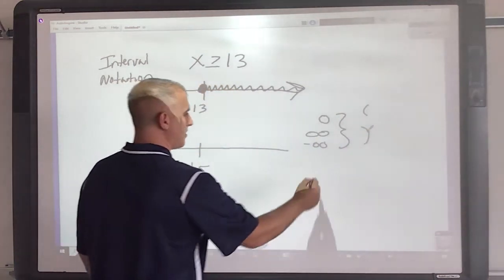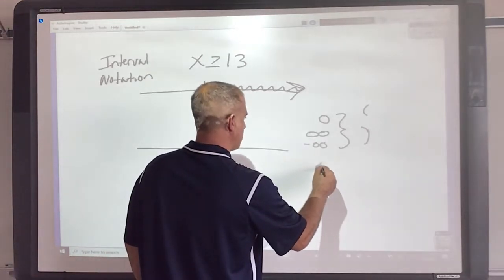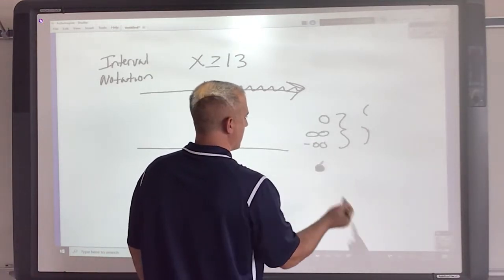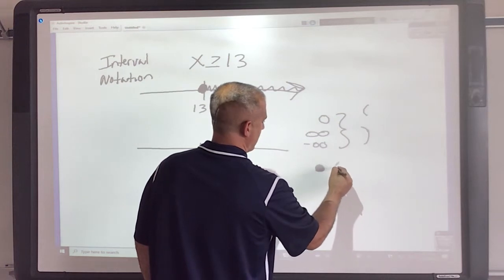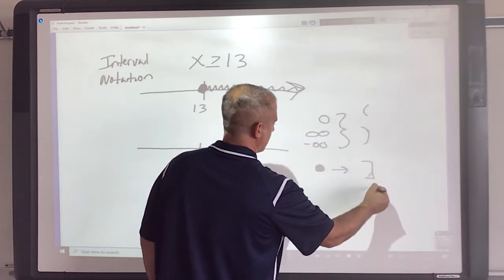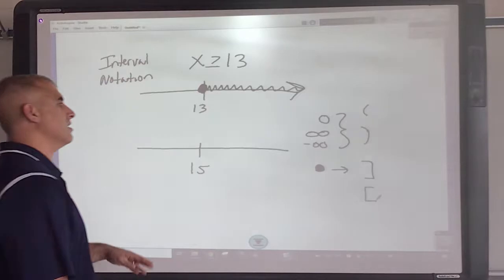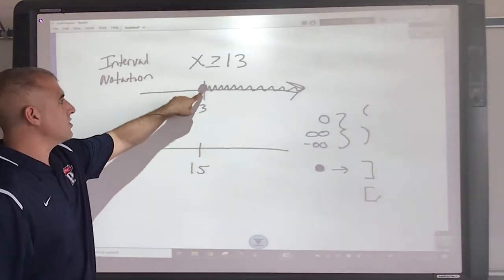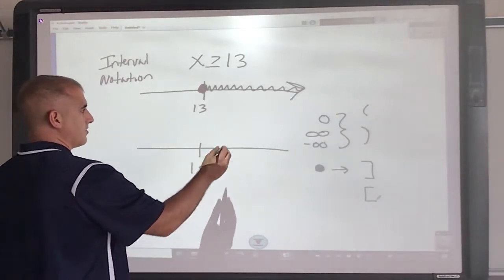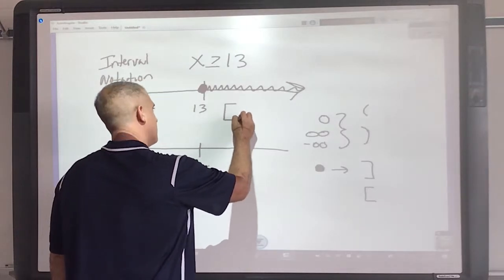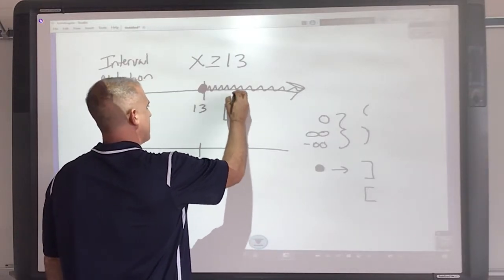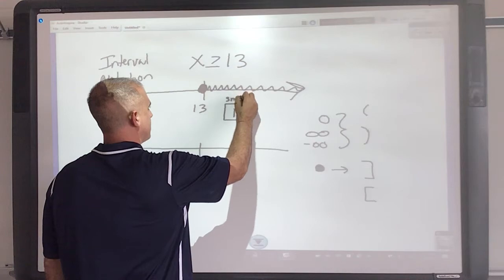A filled-in circle is going to be a squared bracket, and I'll explain the brackets in a second. So since this 13 has a filled-in circle, I'm going to put a 13 here. This is going to be our smallest number.